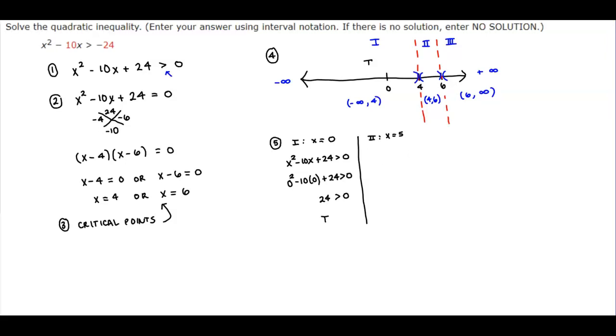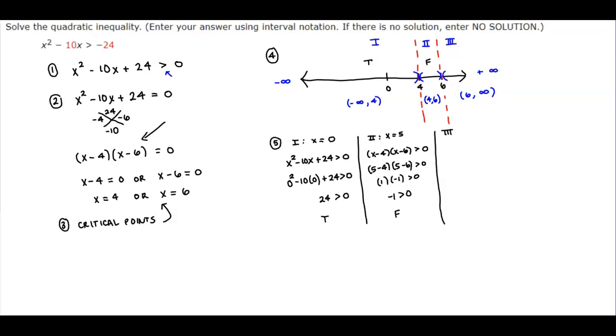No. What we can use is the same thing that we have here factored: x minus 4 times x minus 6 is greater than 0. That's the same thing, and it might be easier to check, because if we put in 5 and subtract 4, and then take 5 and subtract 6, we get 1 times negative 1. And so negative 1 is not greater than 0. This is false, so we know it's false for region number 2.